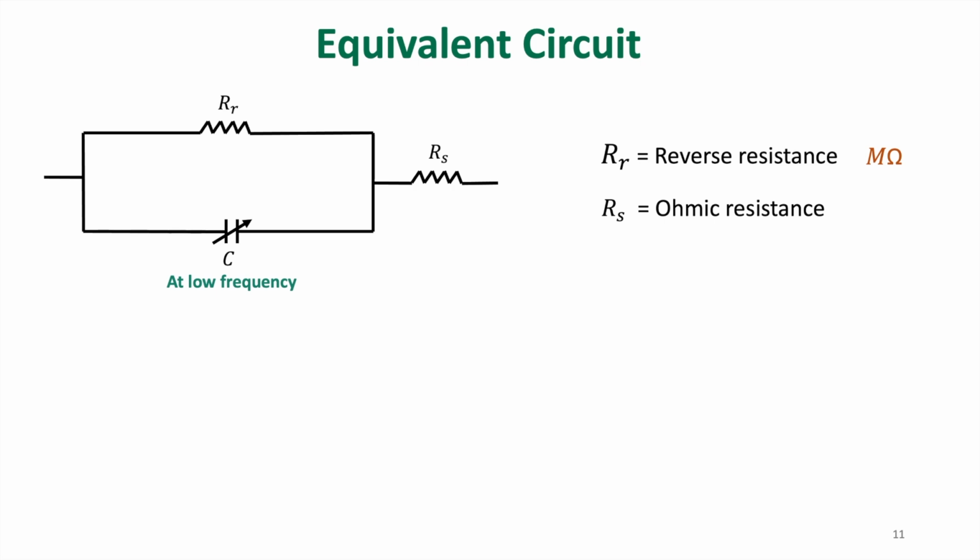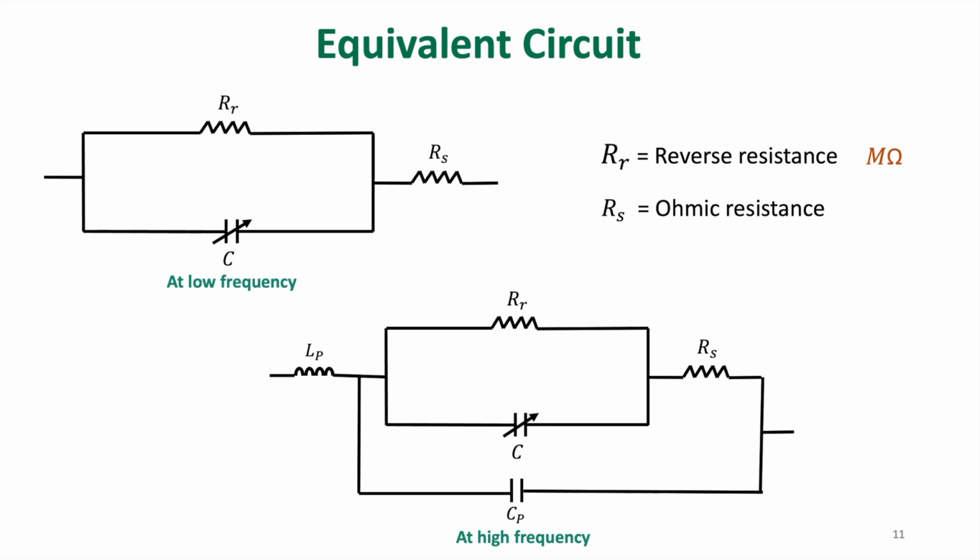To minimize this current, the value of reverse resistance should be as high as possible. So this is the equivalent circuit at low frequency. But to operate the varactor diode at high frequency, we have to consider the parasitic capacitor, this one, and the inductance. So here is the equivalent circuit of varactor diode at high frequency.